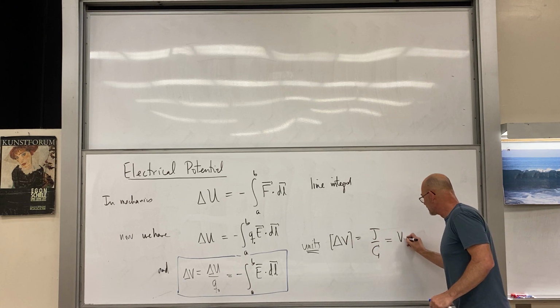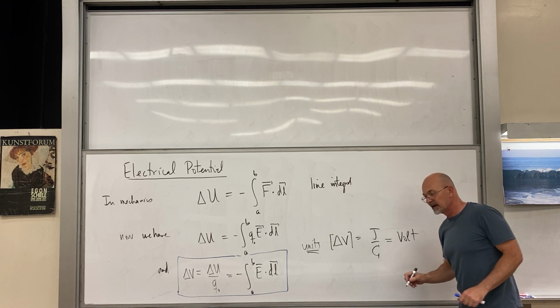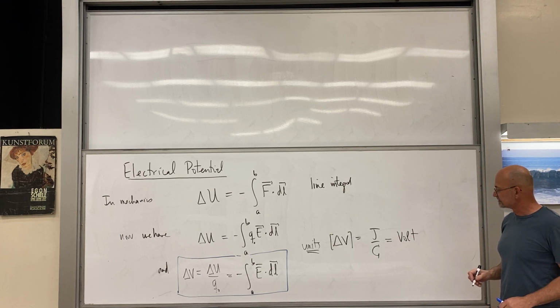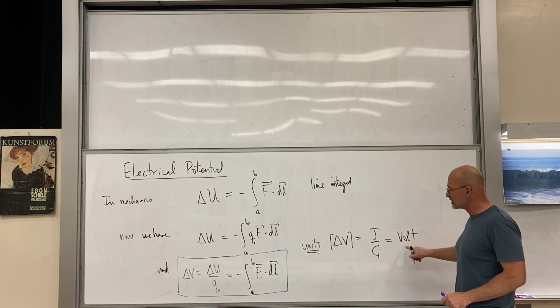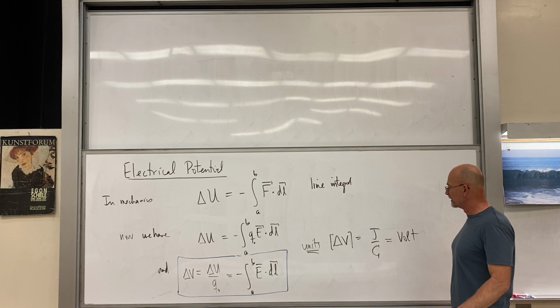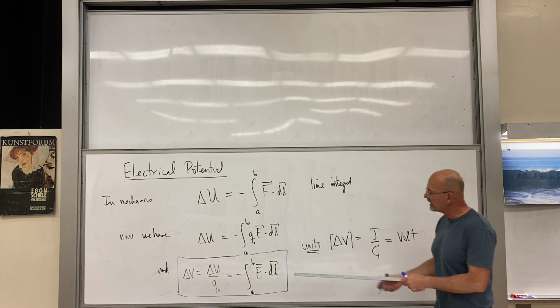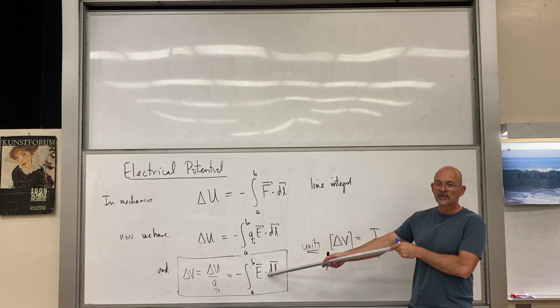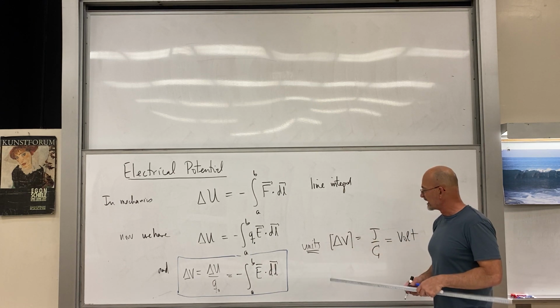That's the volt. Joules per coulomb, that's energy per charge. So that's our volt. We already know we have newtons per coulomb for the electric field itself.